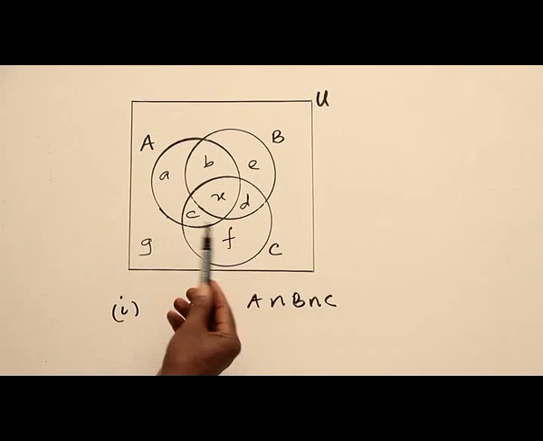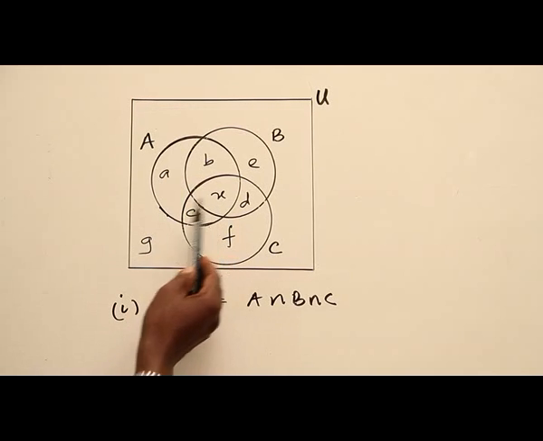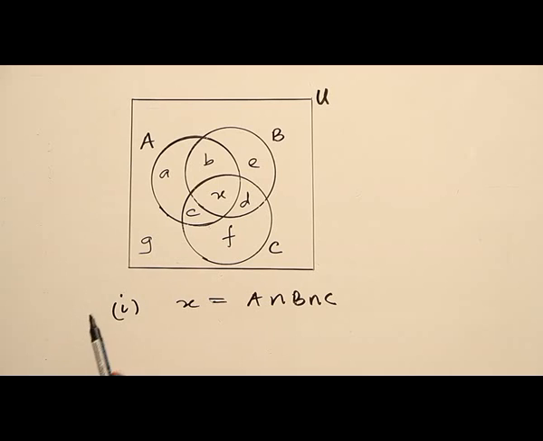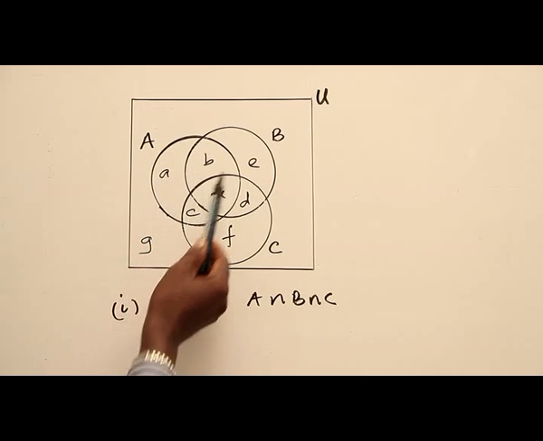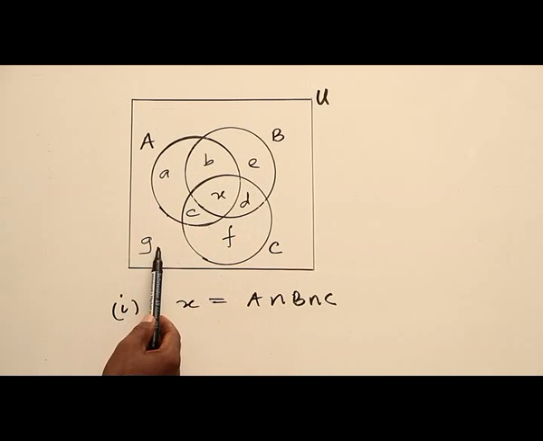Now let's look at a situation where we have three sets intersecting at the point S. We have the sets A, B, and C. We have the regions represented here by letters A, B, C, S, D, E, and F, and outside the three circles, or three sets, is G, the elements outside the three circles.